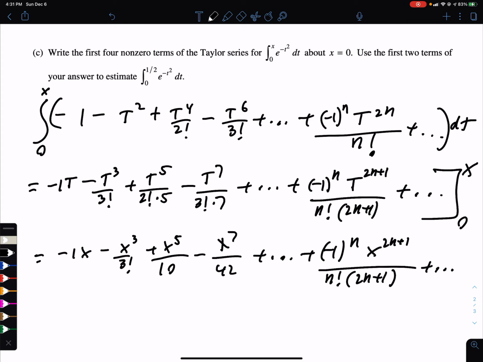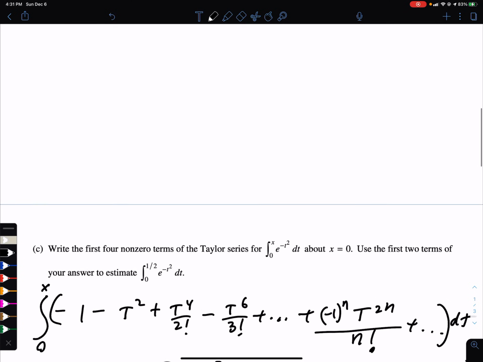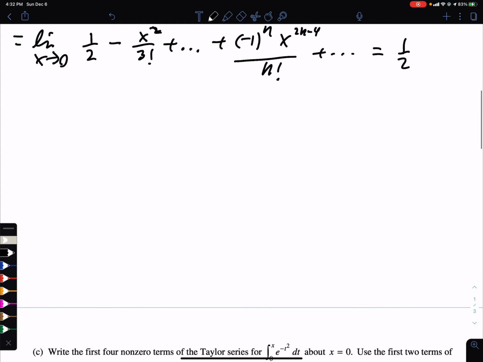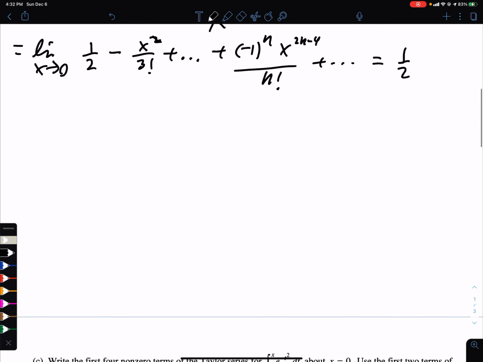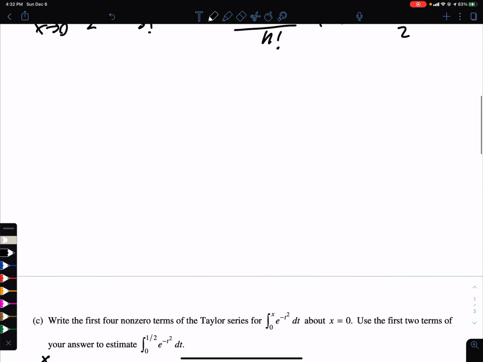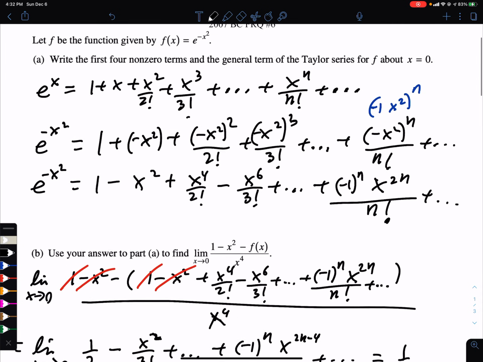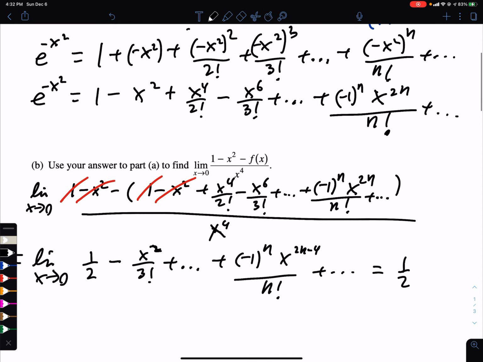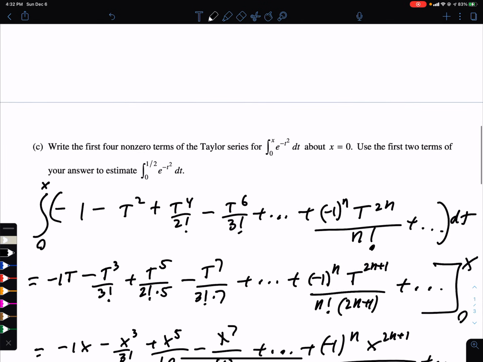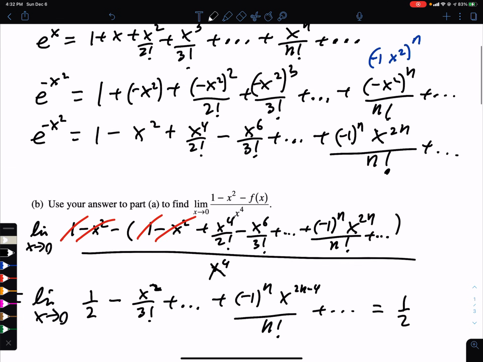Did I do the right function? Let me double check. Why is that minus in front? I'm so confused.